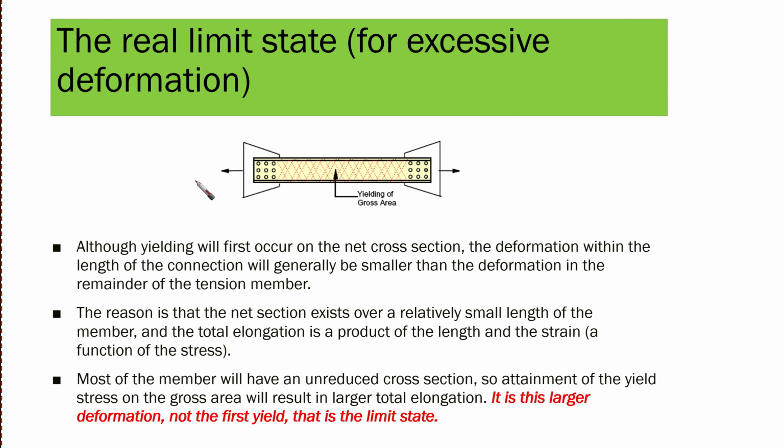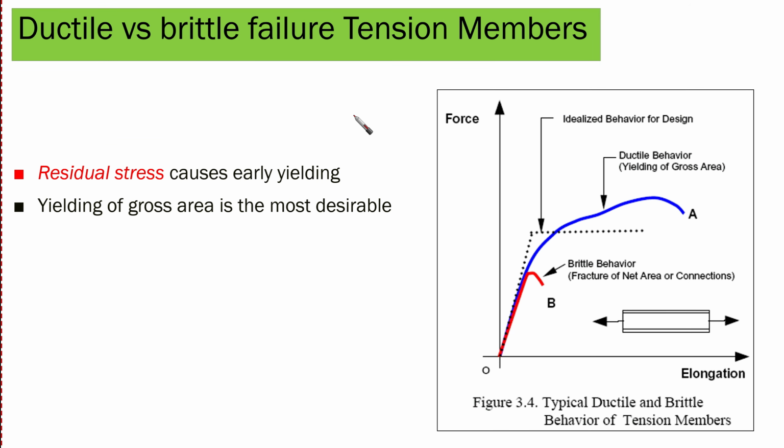So the answer is here. We found that whenever we are dealing with tension members, if we make a relation between elongation on the horizontal axis and force on the vertical axis, and we plot the behavior of the tension members, yielding of gross area is plotted with the blue curve, and the fracture of the net area is plotted in the red curve, as you can see.